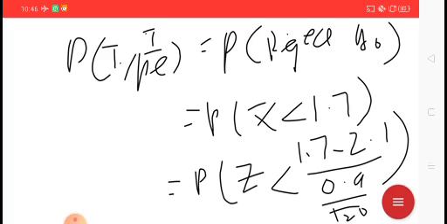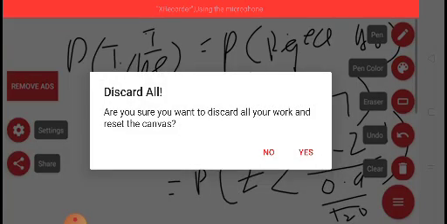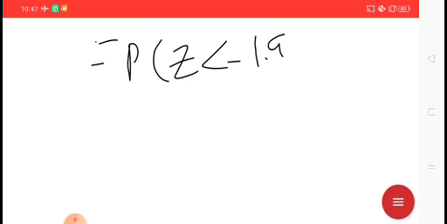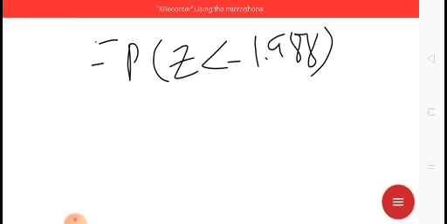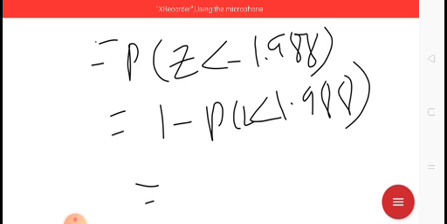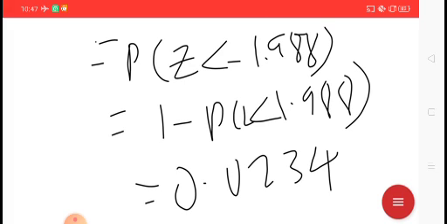By doing this, you can calculate the z value and the probability. So once you continue, you should get P(Z < -1.98), which is equal to 1 minus P(Z < 1.98). So you should get 0.0234.